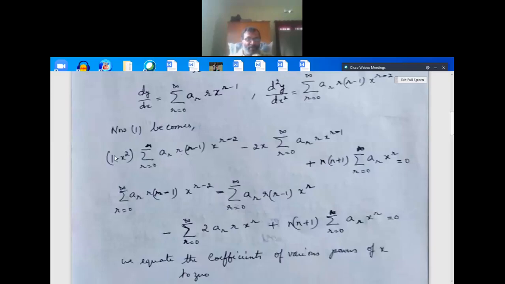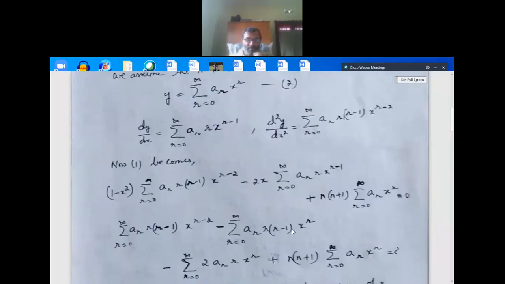Here when you multiply x power r minus 2 and x squared, that is r minus 2 plus 2, it will be x power r. Sigma r equals 0 to infinity ar into r into r minus 1 into x power r. Minus 2 sigma r equals 0 to infinity, x power r minus 1 plus 1, that is x power r, 2 into ar into r into x power r, plus n into n plus 1 sigma r equals 0 to infinity ar x power r equals 0.